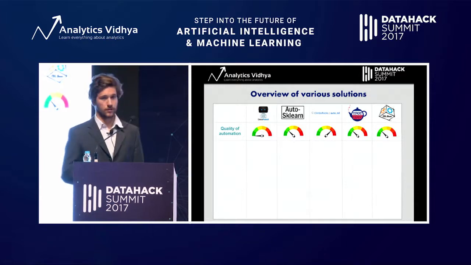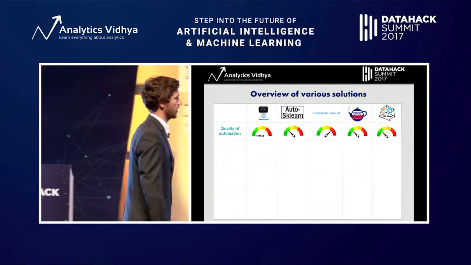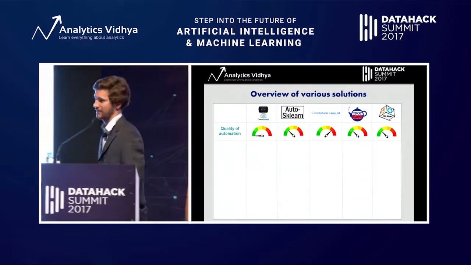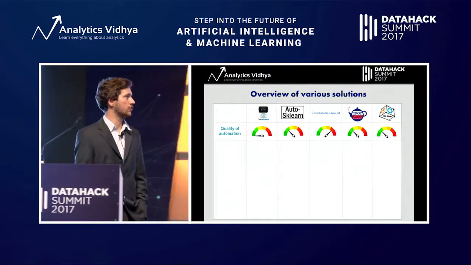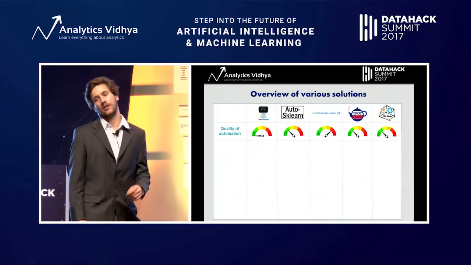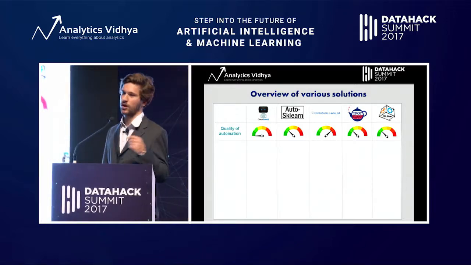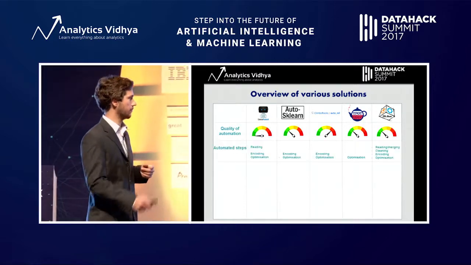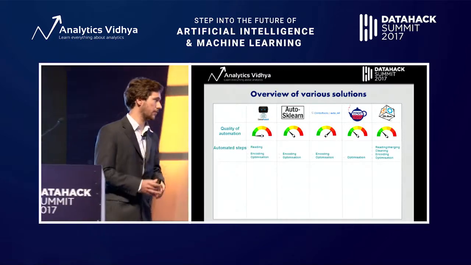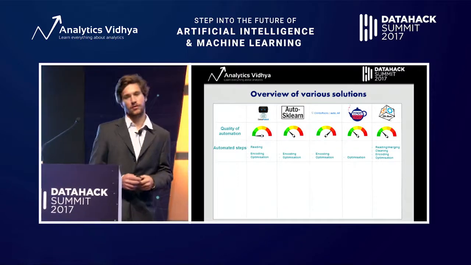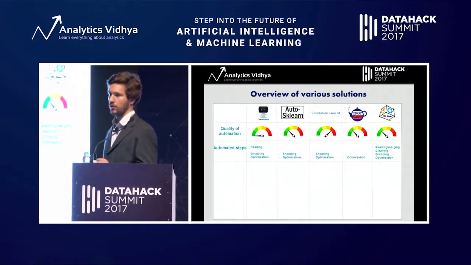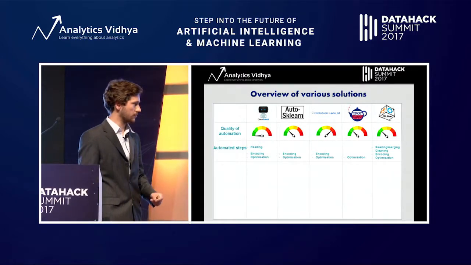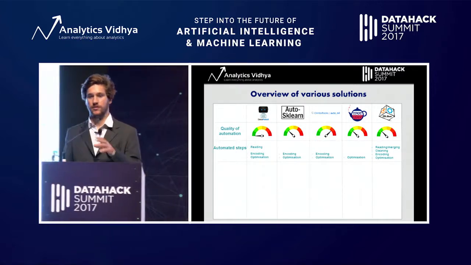Let's see now the criteria. In terms of quality of automation, they are all good except AutoML. Having tested this open source package, you need to give the feature types. You need to give a lot of input parameters to your robot, so it's not very automated. If we look at the automated steps, TPOT is a very famous open source project, but it's only about using a genetic algorithm to optimize different models.